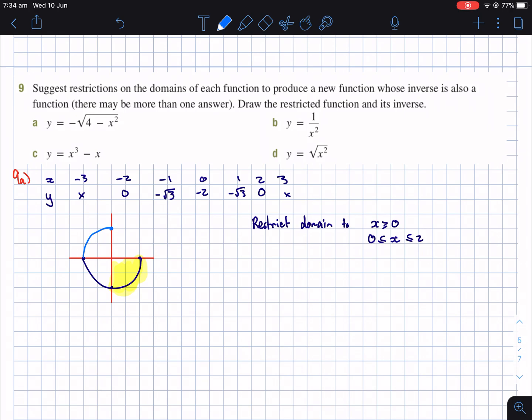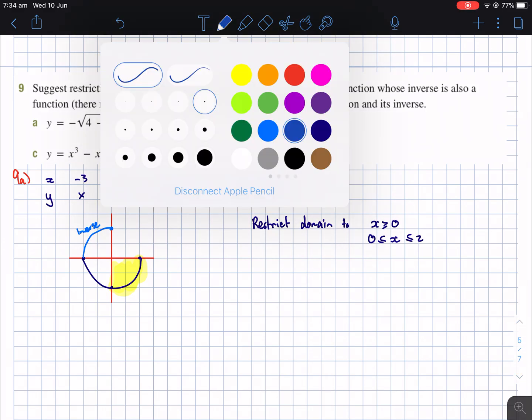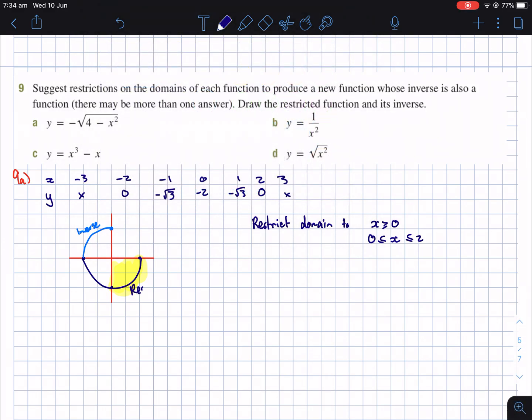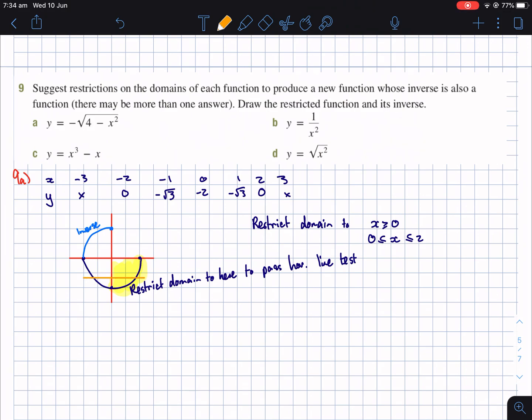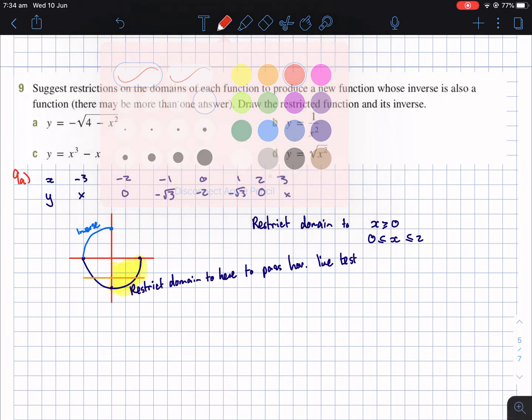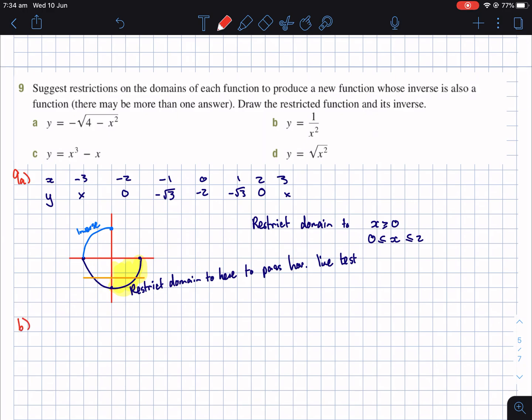So that's the inverse. Because this would have been the horizontal line test.